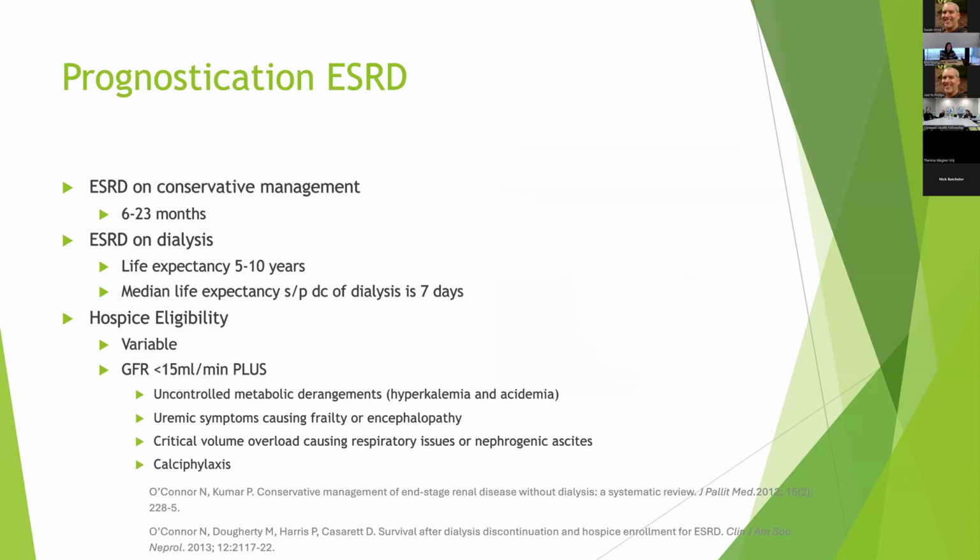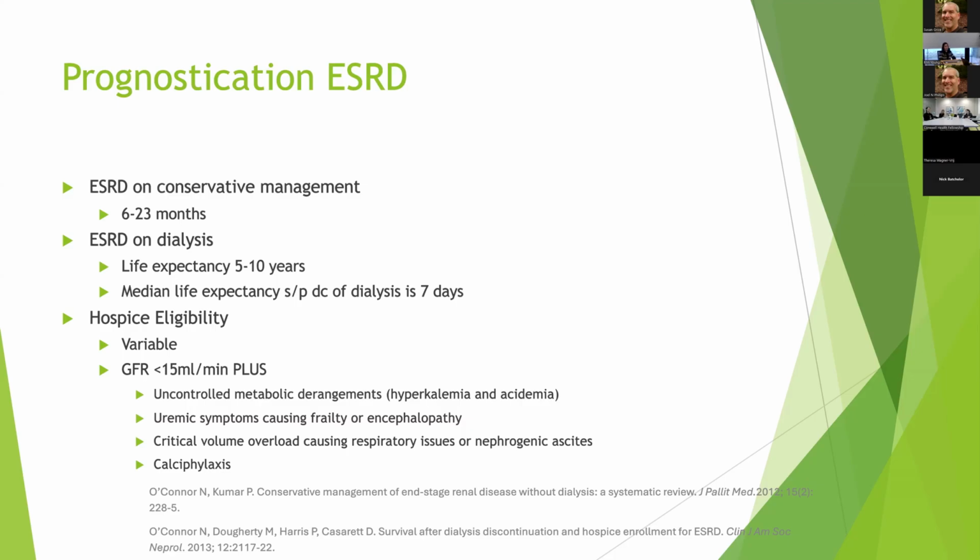And a big marker of that is urine production. So that's something important worth asking, if they're still urinating. And then end-stage renal disease on dialysis, the life expectancy is still 5 to 10 years. So definitely a life prolonging intervention compared to the 6 to 23 months.